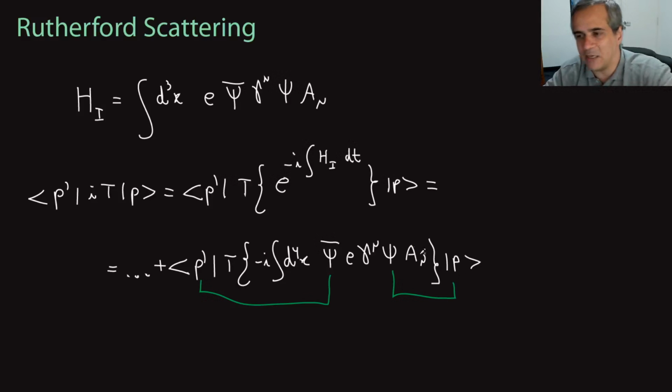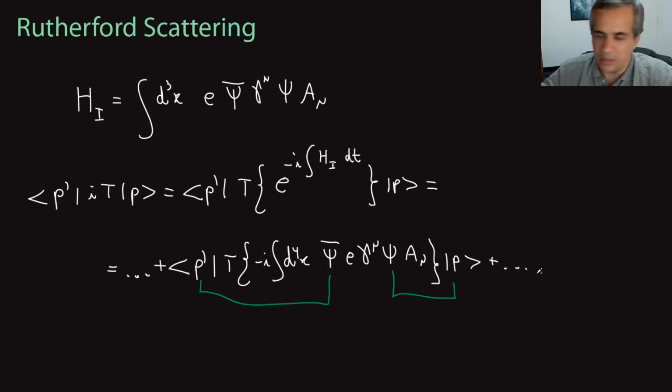So this is a classical object. I'm not doing a path integral over it. It's just a function that is there, and that's the way we treat classical fields interacting with quantum fields in scattering.